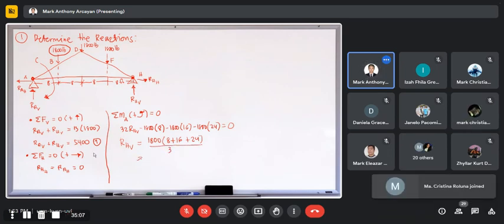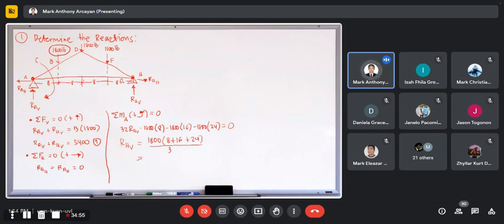Okay? So we get the vertical reaction at H. That is equal to 1,800 times 8 plus 16 plus 24 over 32. Oh, sorry, why did I get 28,800? That's too big. It should be over 32, not 3. So we have 2,700 pounds.